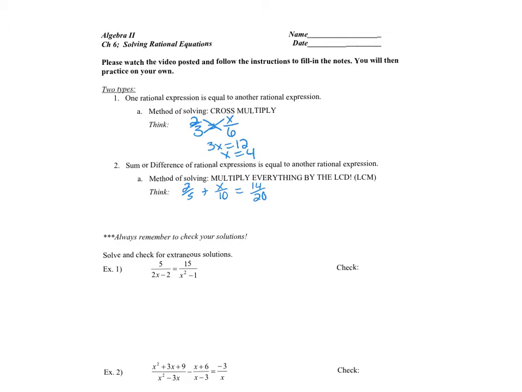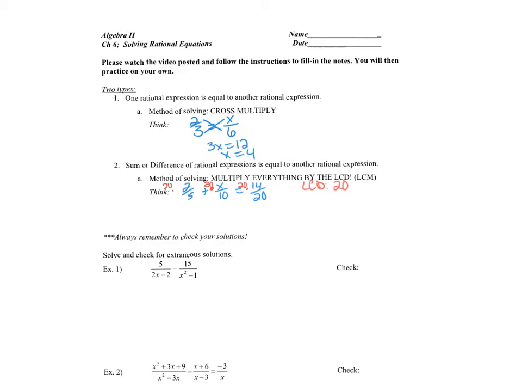My LCD would be 20 in this case. If I multiply every single term in this equation by 20, I should get something that's still equivalent to the original. I'm just going to write multiplying by 20 next to each term here, just so you can see what I'm doing.